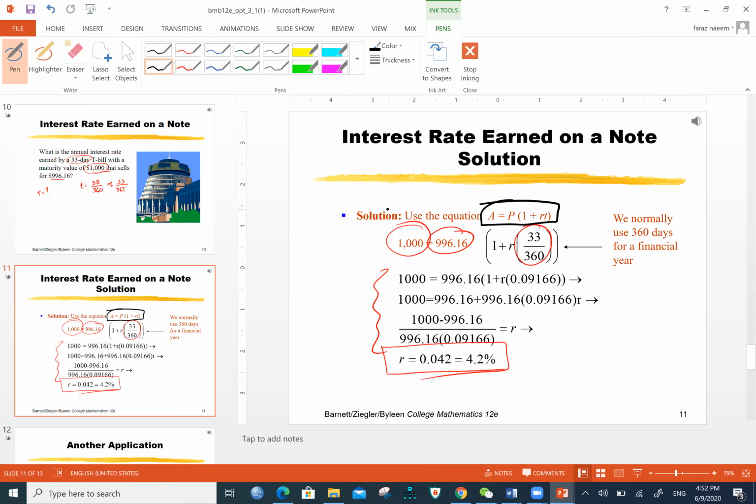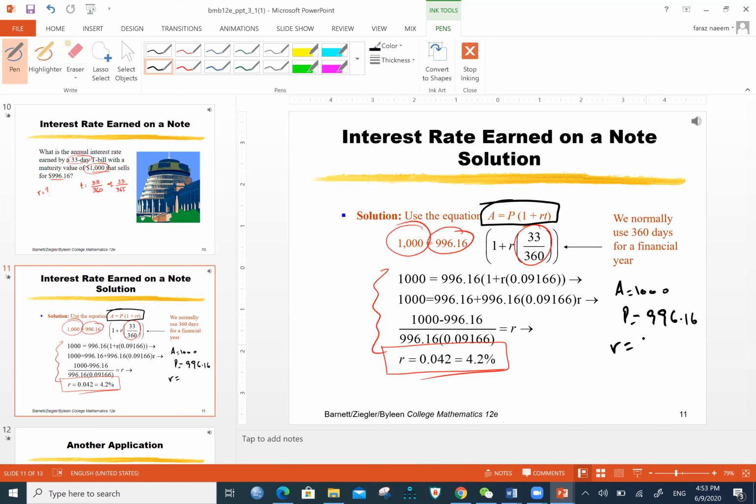A is the maturity value; the original amount which you had deposited was 996. Its maturity value was 1000, right? A is 1000, P was 996.16.